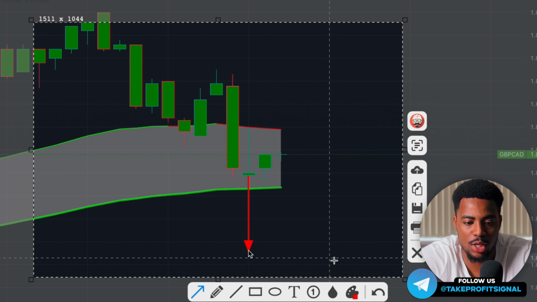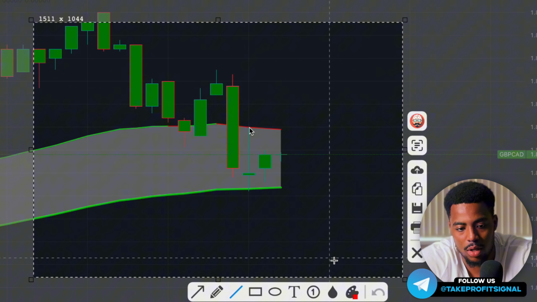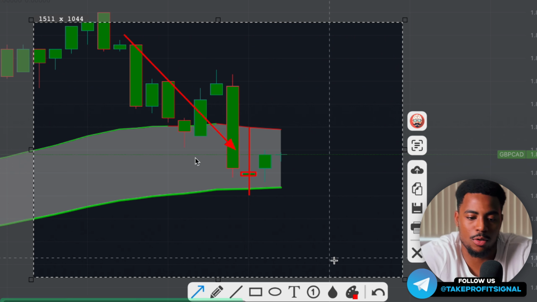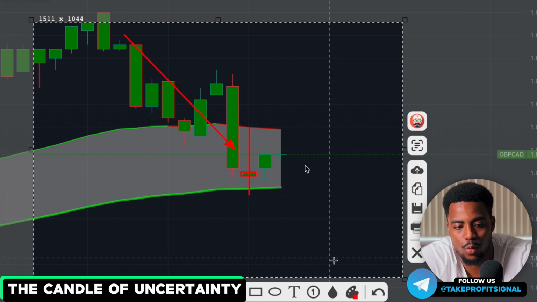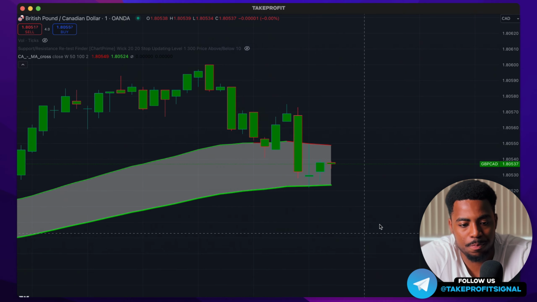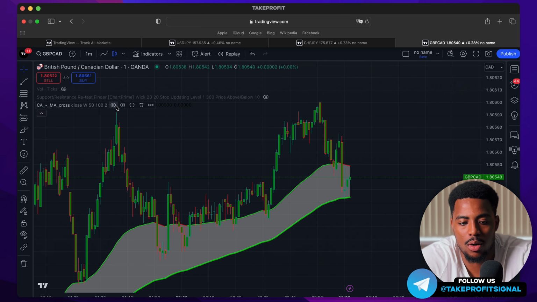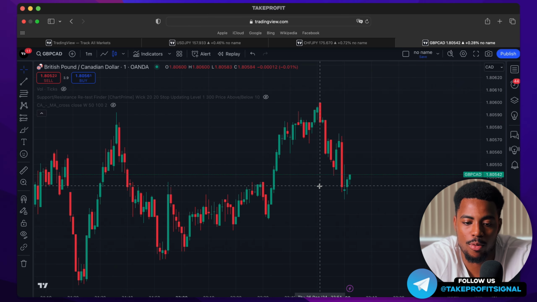Only here, we do not have a shadow that would be directed strongly downward. We just have a large shadow. Here you can observe it. And there is a very small body. This is our candle of uncertainty. But since we have a fairly impressive support level here, of course, we will wait for an upward movement from here. Given that our overall trend is still upward.